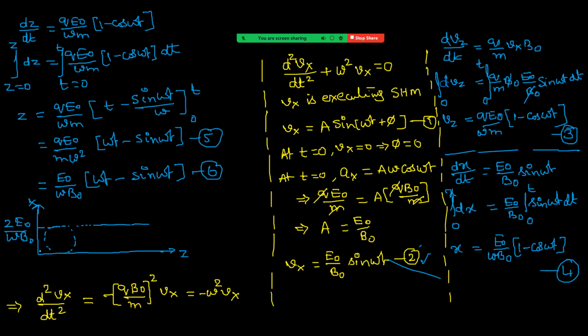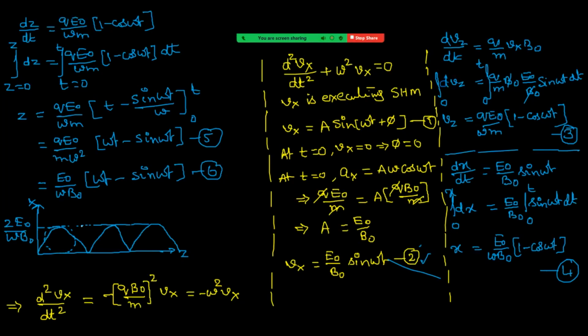So the path will be like this, though it is not exact. This is known as a cycloid.